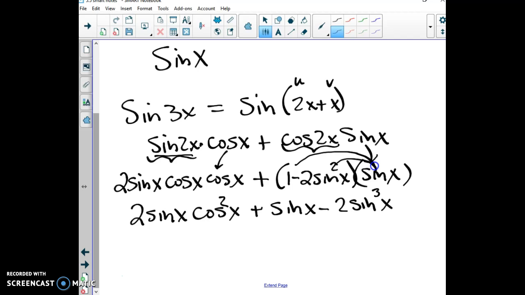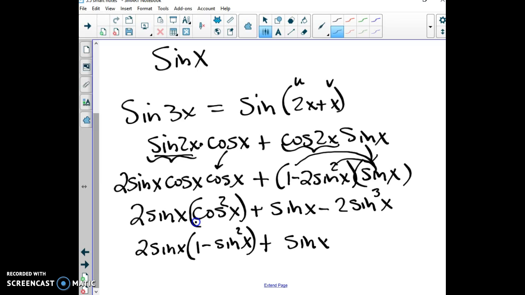Simplifying that, I see now 3 terms. We want everything in terms of sine. So we're going to take this and rename it as 1 minus sine squared x. And we have 2 sine x out in front of that. To that we're going to add what we already had, sine x minus 2 sine cubed x.